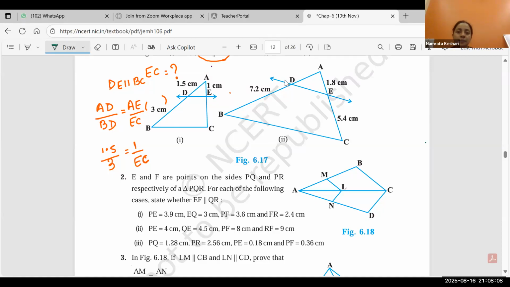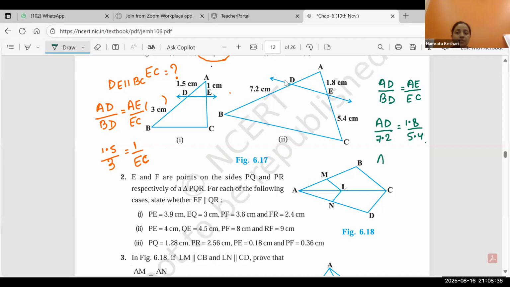What are you getting? AD by BD is equals to AE by EC. AD we don't know. BD is 7.2, AE is 1.8 and EC is 5.4. What are you getting as AD?